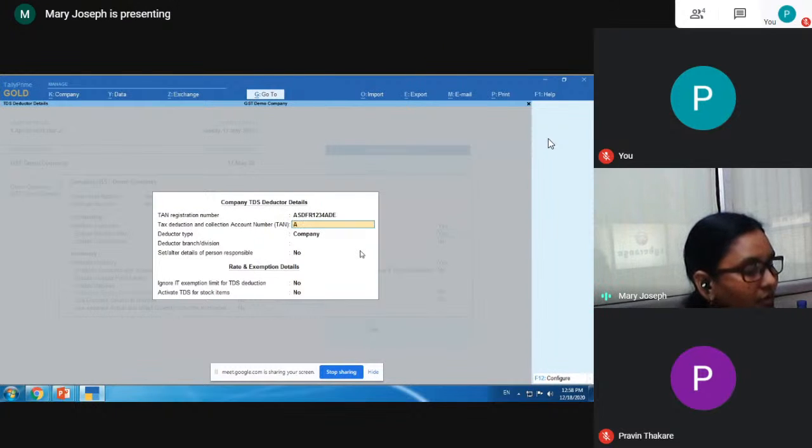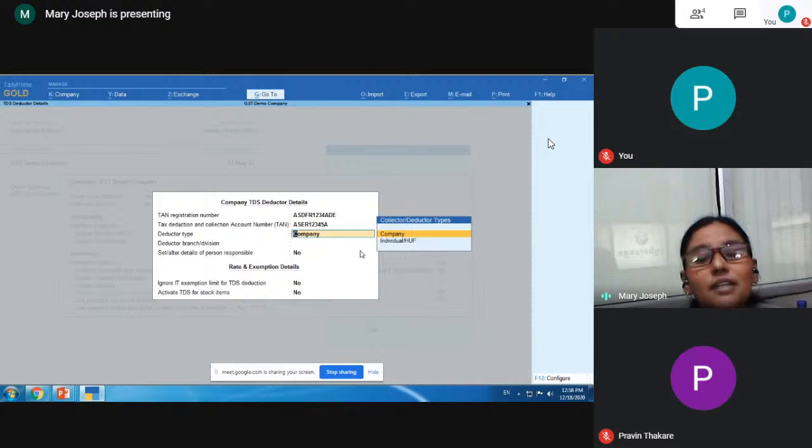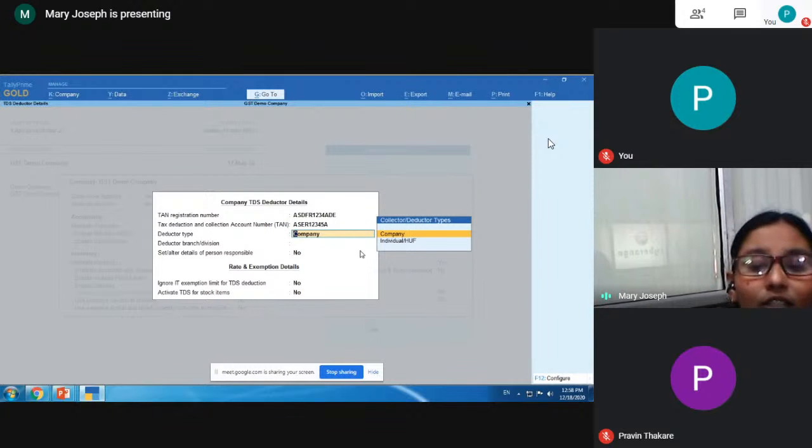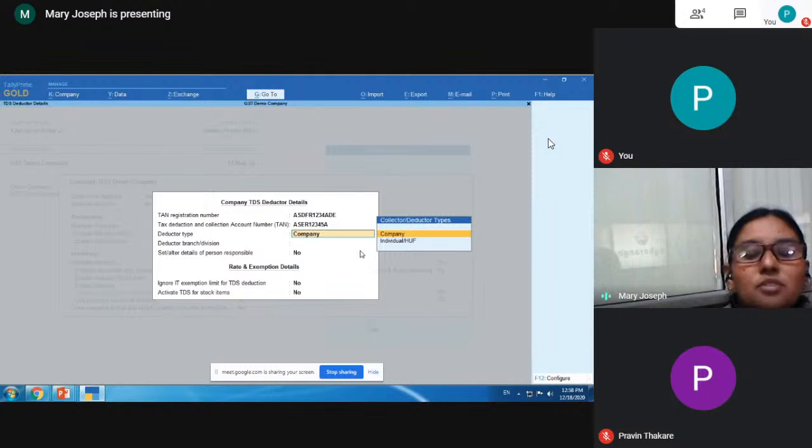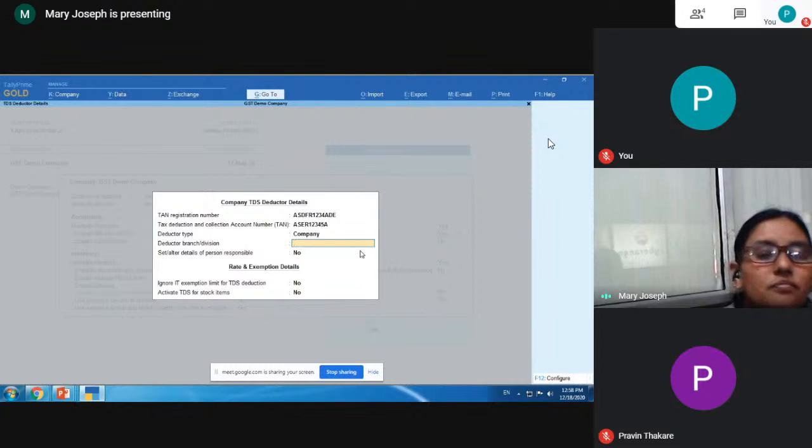Another number, it is also a TAN based number. Collector or deductor type: which type of deductor are you? Company, individual, or Hindu undivided family, HUF. I am selecting company.